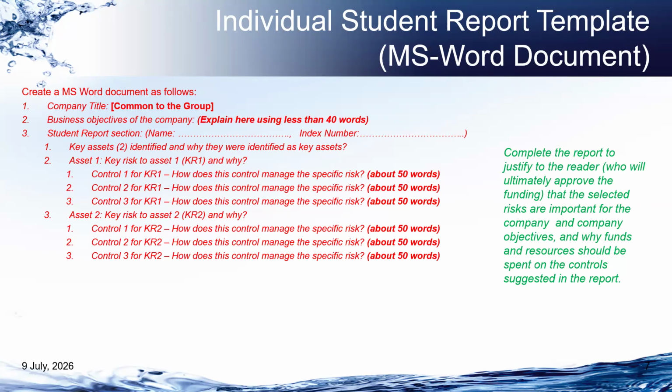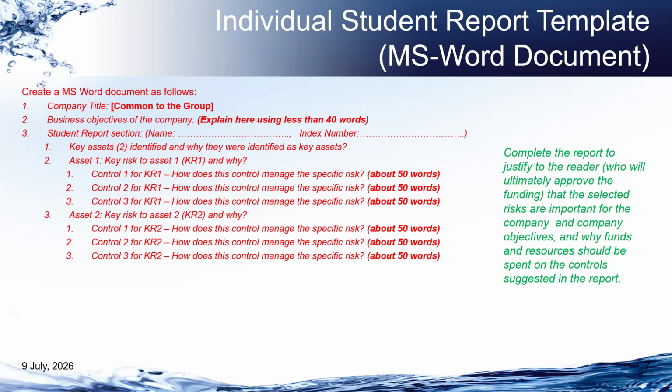Okay, so this is not the same as your assignment 1, where you looked at a particular risk and wrote down the control. You need to tell me why that particular asset is important. Sorry, the selected risks. Assets are things that you will use.